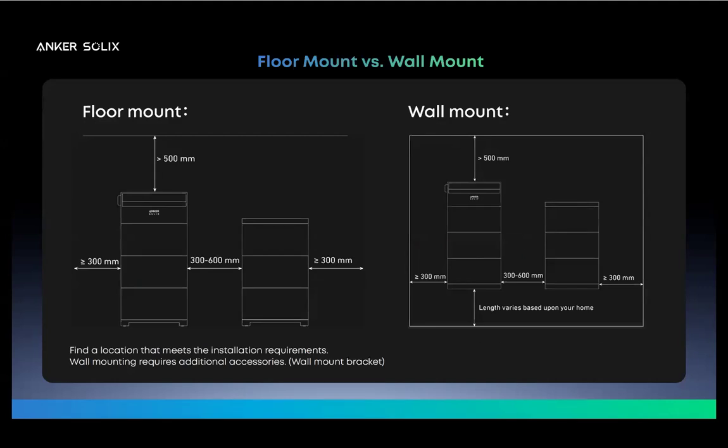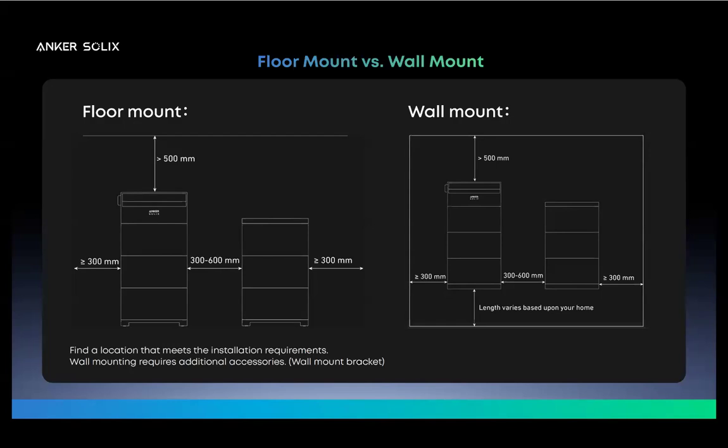Perfect. So this just covers some more about the wall mount versus the floor mount. There are some minor differences in terms of how you would like to install that. Wall mount is going to be quite popular with some of the AC coupled systems. Obviously, it's a very attractive battery, and wall mounting it gives it that nice floating, clean look. That's also an additional cost.